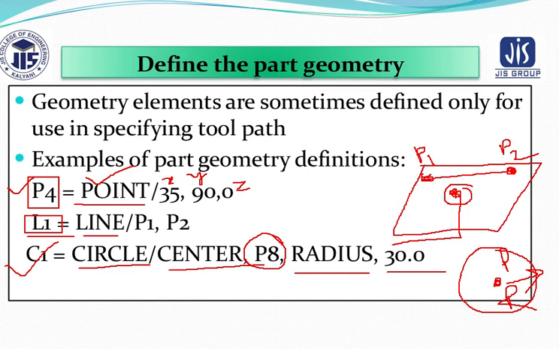Now if I talk about the arithmetic operators, then we are going to use the plus symbol for addition and the minus symbol for subtraction. You are using star for multiplication, and slash for division.